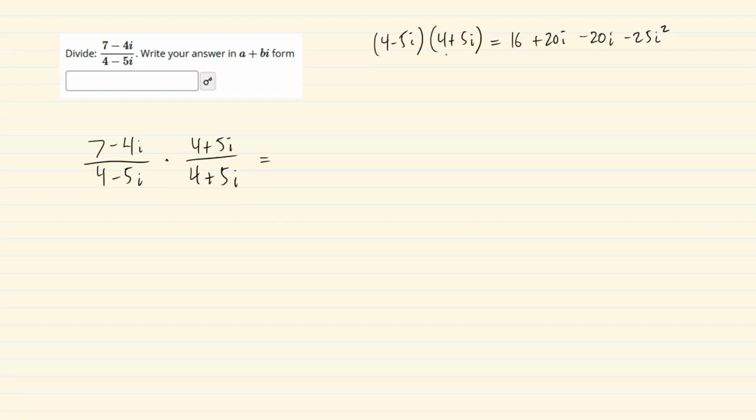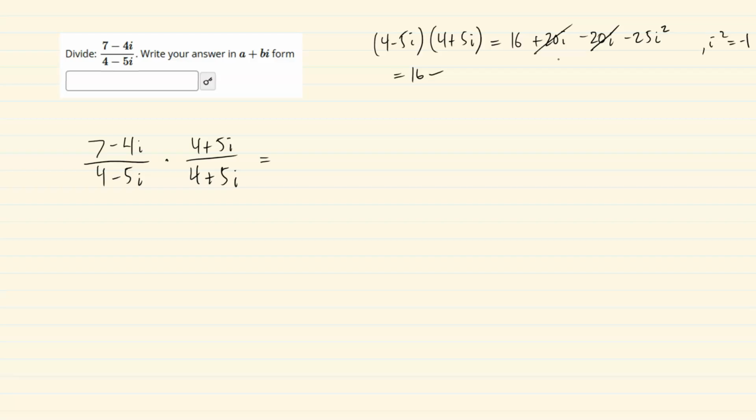So you may know that i squared is equal to negative 1. Using that, we can simplify this and get 16. Notice that the plus 20i minus 20i, they cancel each other out. They're the opposite of each other. So when they add together, you just get 0.